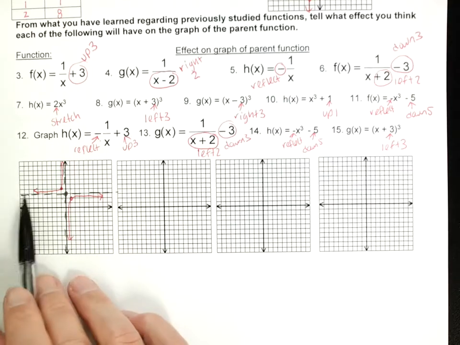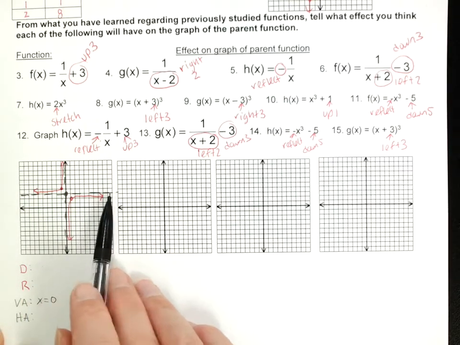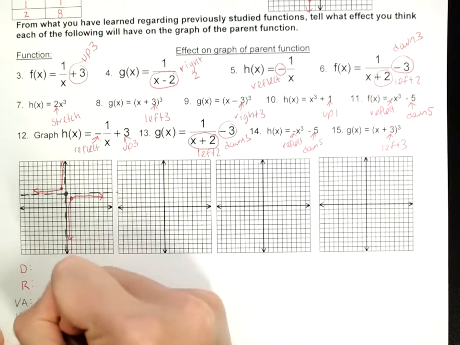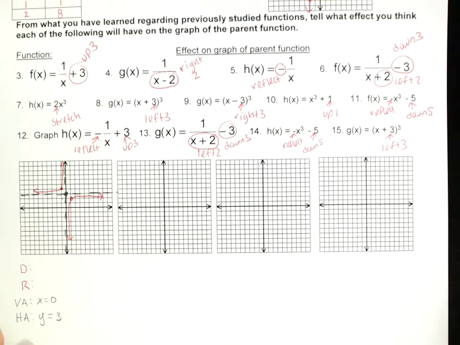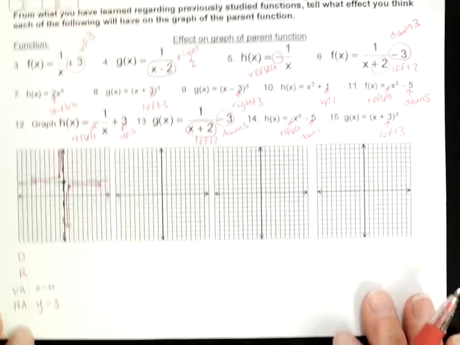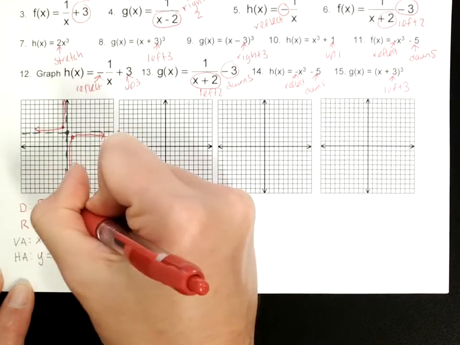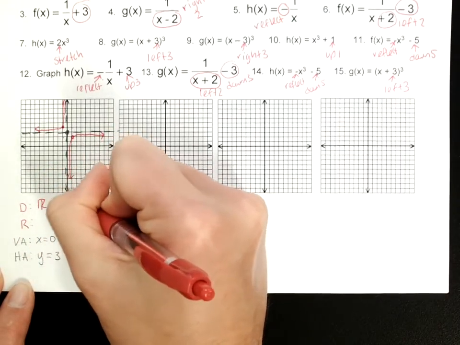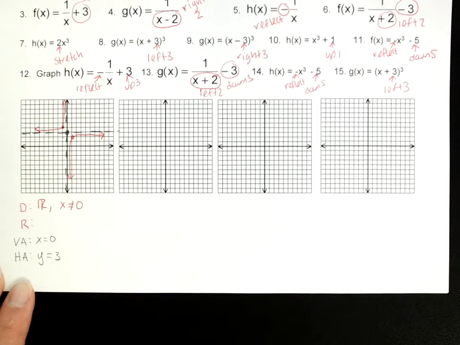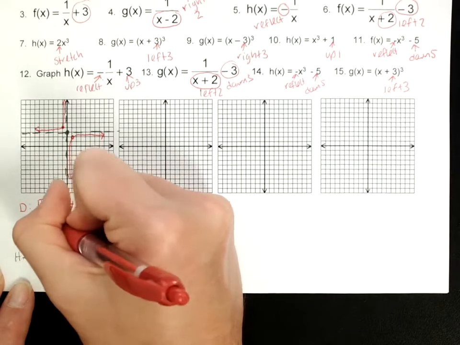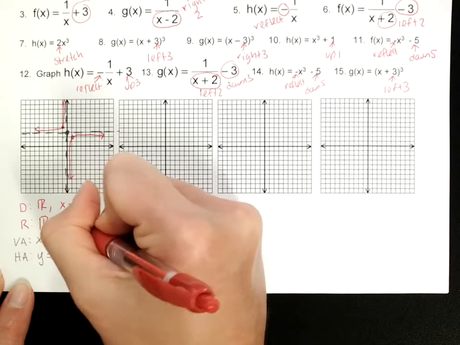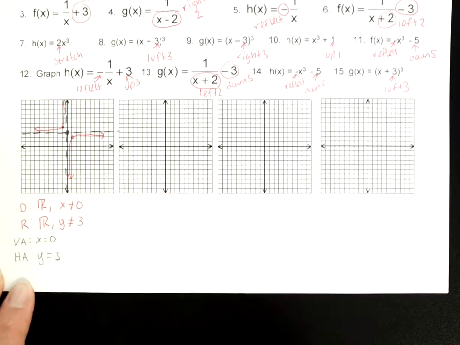The horizontal line we did right here has been moved up 3, so it's at y equals 3. Those points help when you're writing down your domain and range, because your domain is all real numbers except x cannot equal that vertical asymptote point. For the range, same thing, all real numbers except y cannot equal the horizontal asymptote.